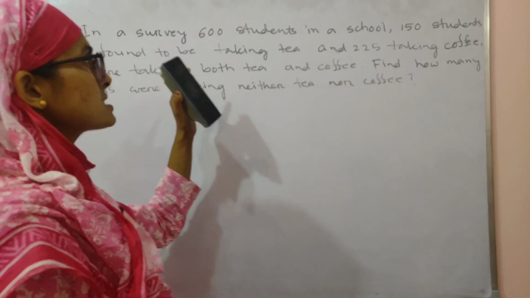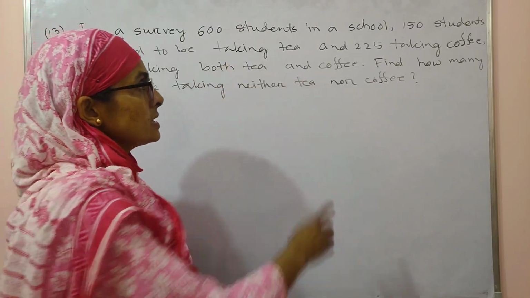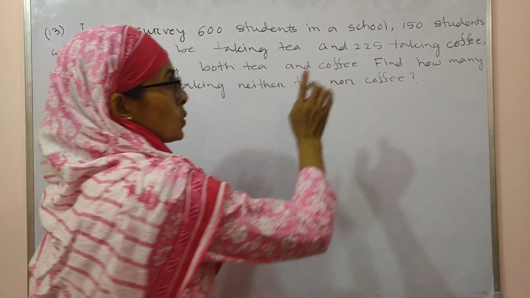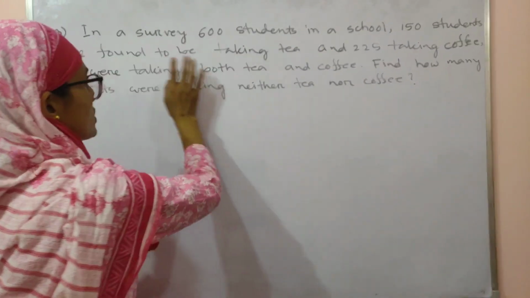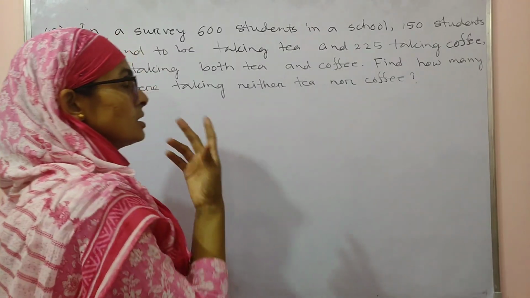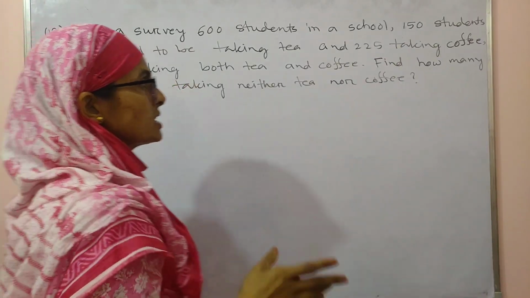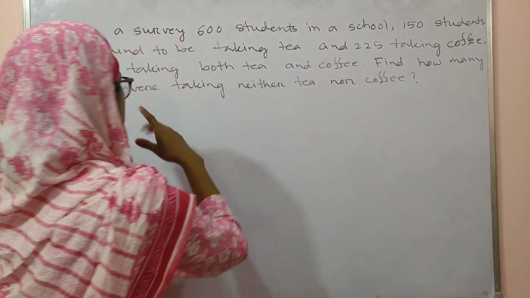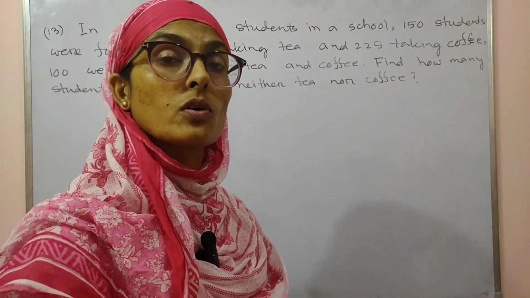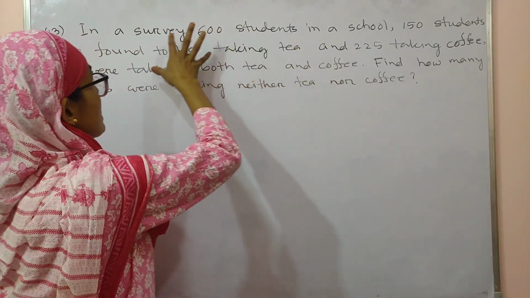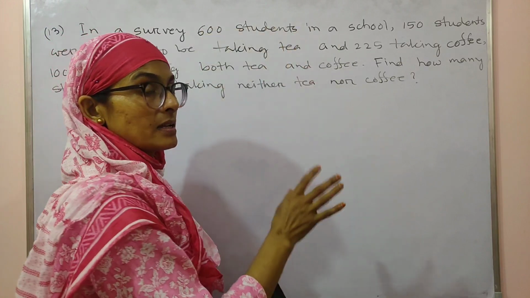In a survey, 600 students in a school, 150 students were found to be taking tea and 225 taking coffee. 100 were taking both tea and coffee. Find how many students were taking neither tea nor coffee. That means here total students 600.